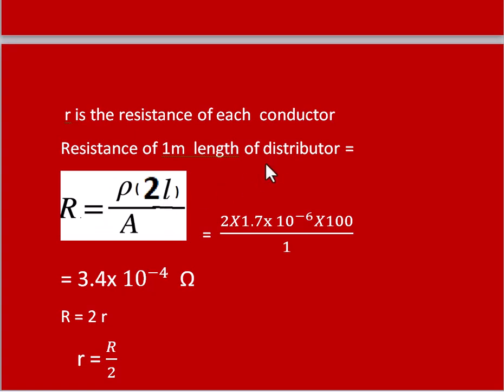For 1 meter length we can calculate as 2 into 1.7 into 10 power minus 6 into 100 divided by 1, where this 100 represents 100 centimeters, divided by 1. A is also given as 1 centimeter square. So with this we get resistance of DC distributor for 1 meter length as 3.4 into 10 power minus 4 ohms.